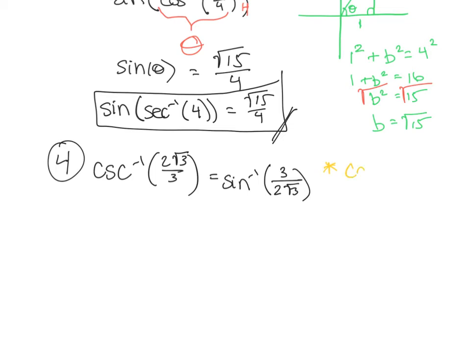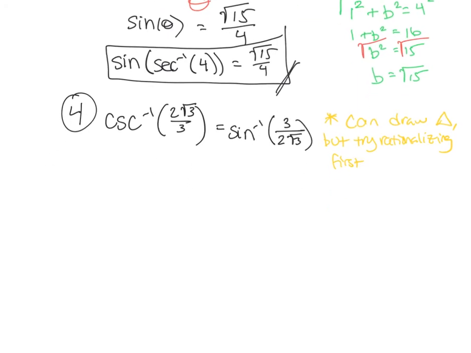You totally can draw a triangle, but maybe try rationalizing first. The reason you might want to do that is because it may make your life just a whole lot easier.